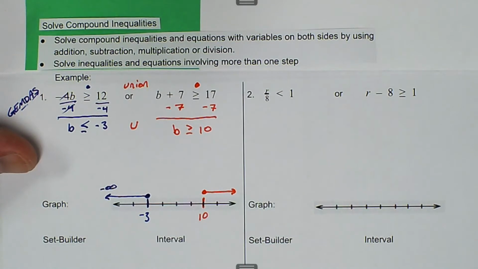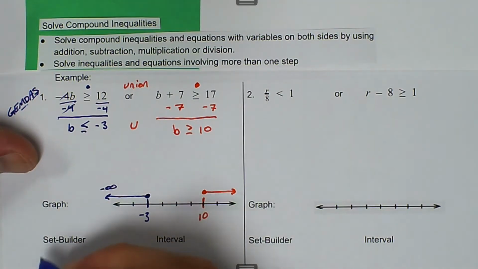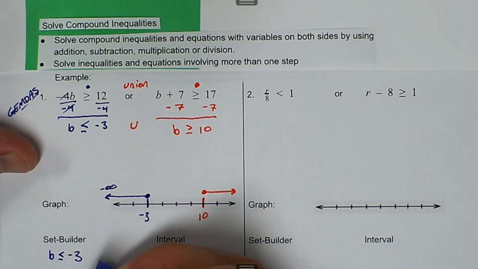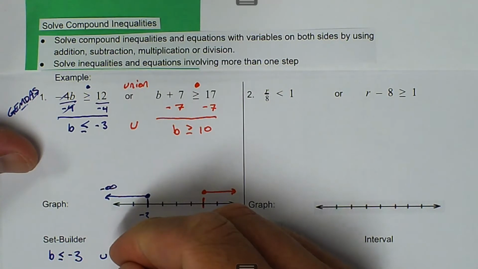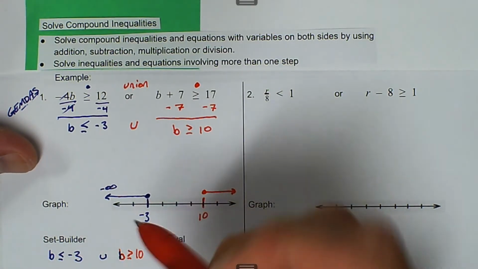And now the last step is we have to write it in set builder notation. And in set builder notation, basically it's already written above for us. So here we have b is less than or equal to negative 3, union b is greater than or equal to 10.